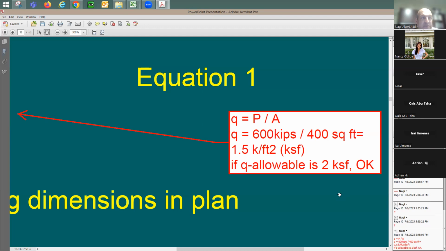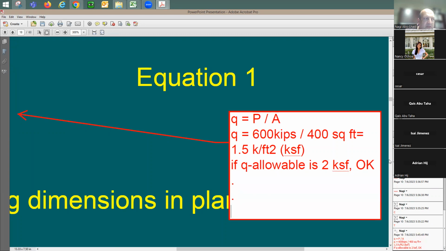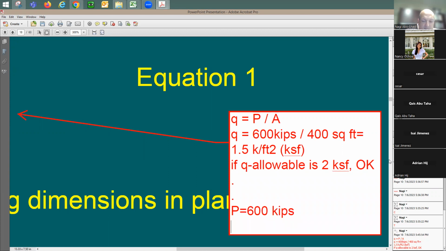So at the beginning, when we start our design, we have the vertical load. We have the allowable soil pressure, which is this one here. So the question is, how much area is needed? If you take this project back and start from scratch, I'm going to say P equals 600 kips, Q allowable equals 2 KSF.